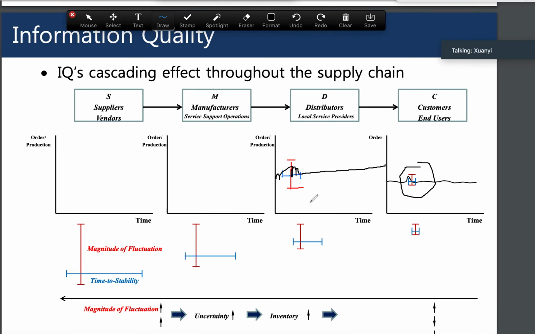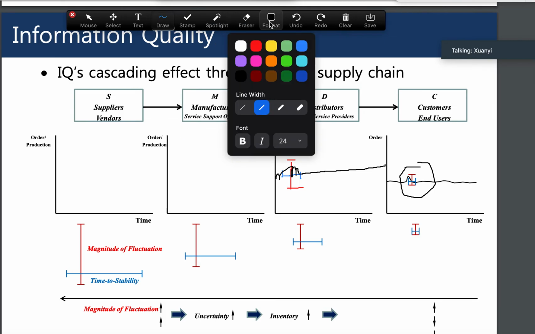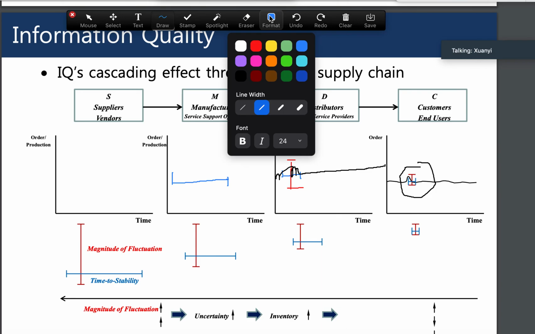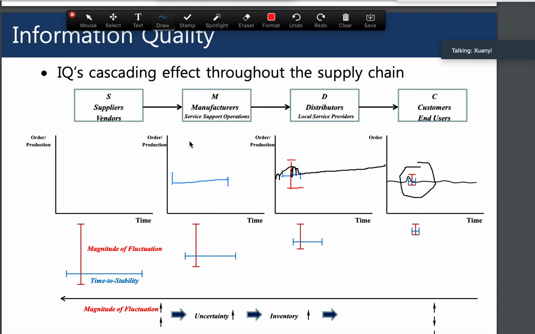So our time to stability will increase as well. And what happens to the manufacturer stage, it'll get worse. It'll be something like this. So there will be a higher magnitude of fluctuation compared to the first one.